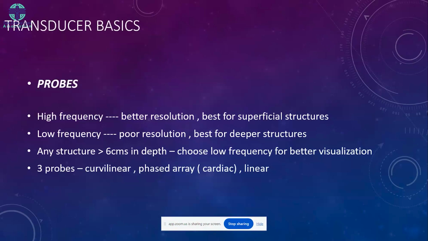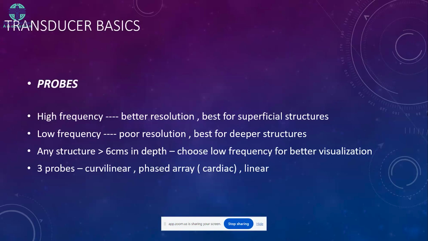Now, for any ultrasound probe, like we've already seen, high frequency has low wavelength. So it gives you a better resolution, but it does not reach a particular depth. So your depth perception is less for high frequency, and hence it is best used for superficial structures.